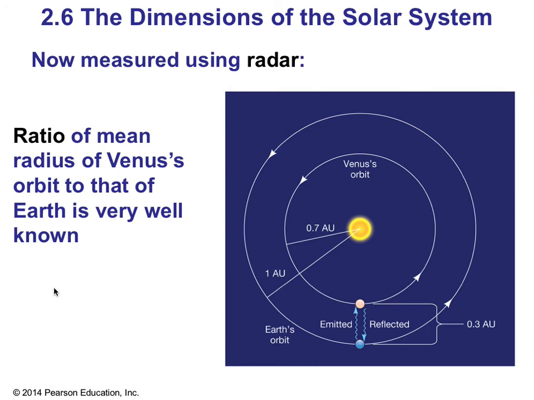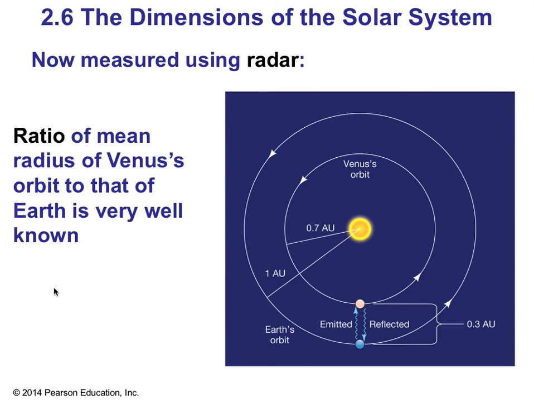Now we have, obviously, more precise instruments that we can use to measure distances between different objects within our solar system. Radar is one of them, where we can emit a radio wave and then time how long it takes for the reflected radio wave to get back to us.